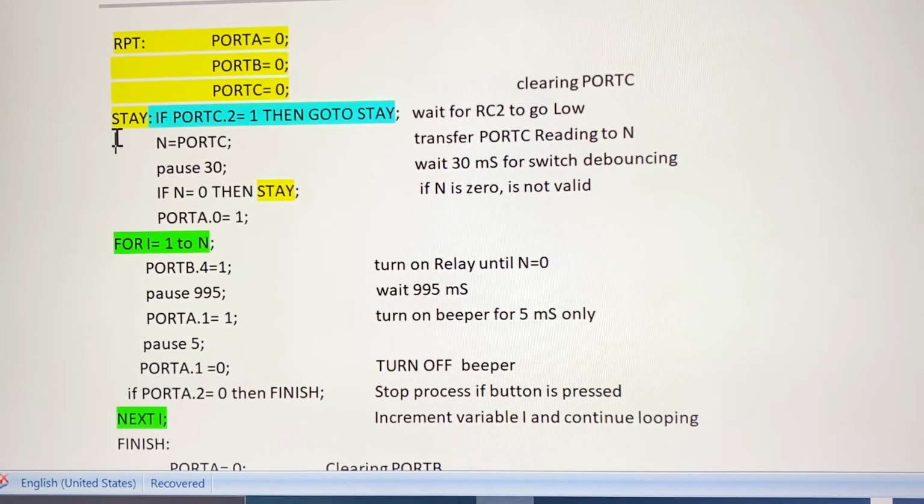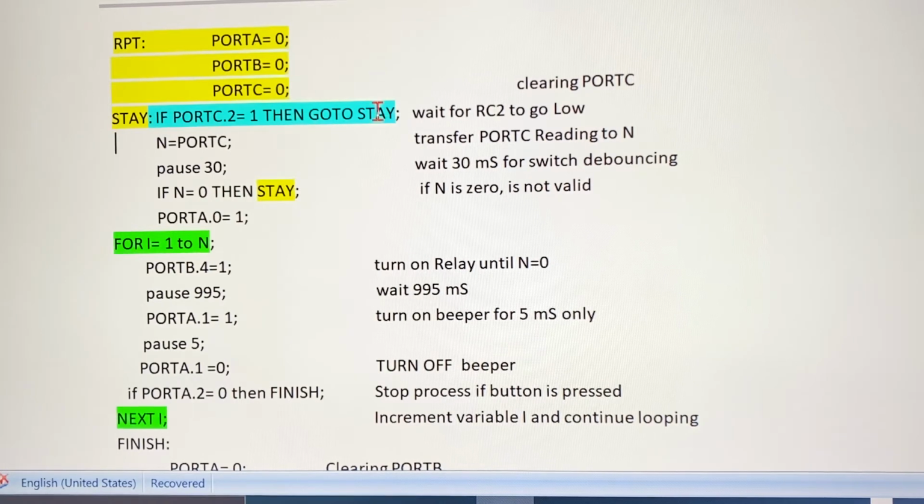Then we have the stay label, and we ask for the push button. If port C.2 is equal to 1, then go to stay. So if the push button is open, the micro is waiting for the user to press the push button.